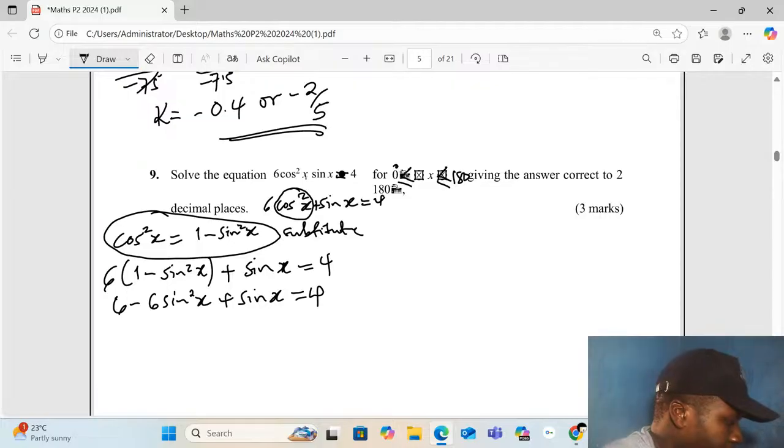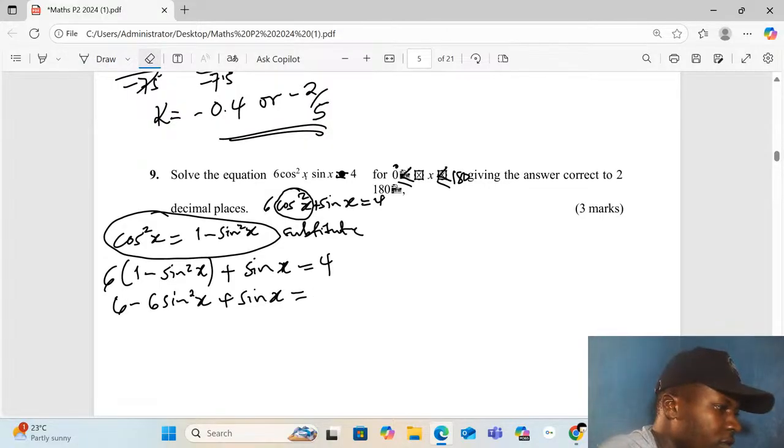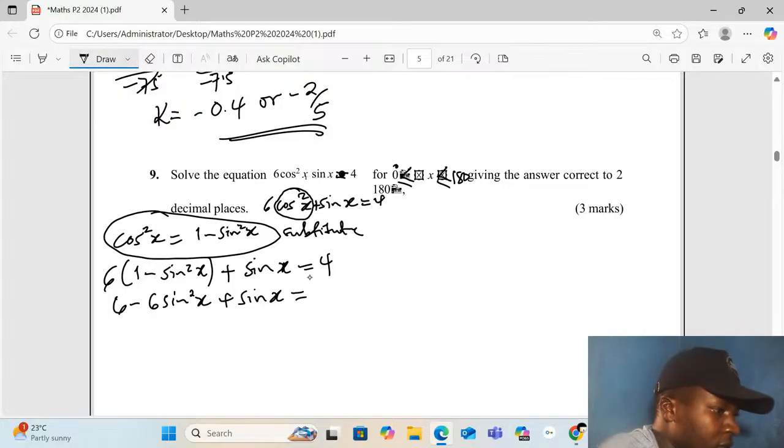Now, collecting like terms, 6 will go to the other side. Let's move 4 so that we don't have a negative.